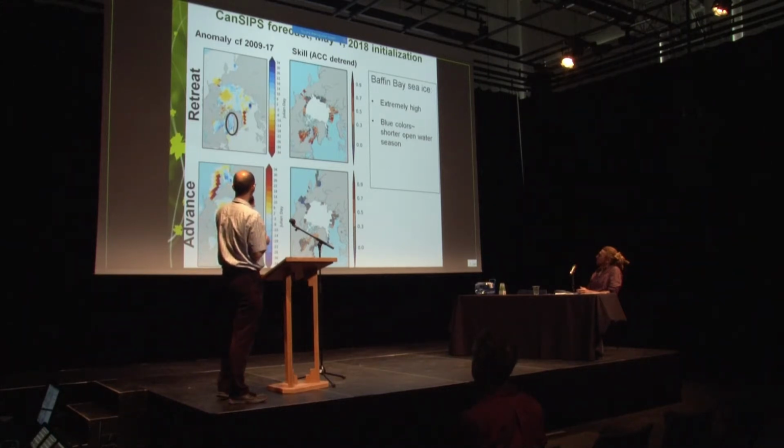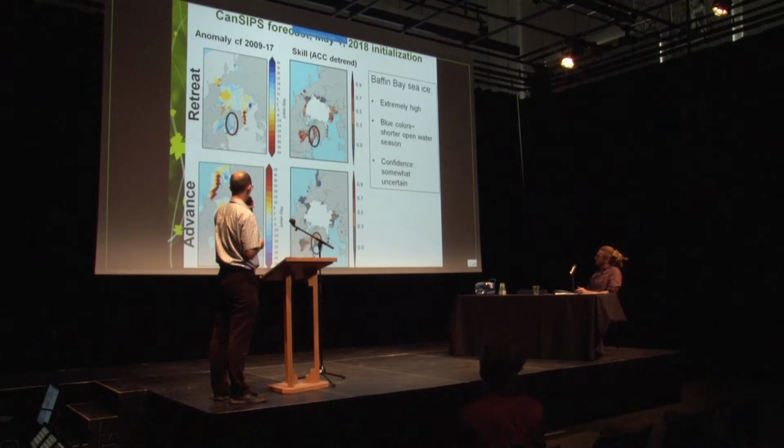So we see blue colors in both plots. It means that we predict extremely high sea ice conditions for Baffin Bay for this season. Confidence somewhat uncertain. This is the forecast skill for May initialization.